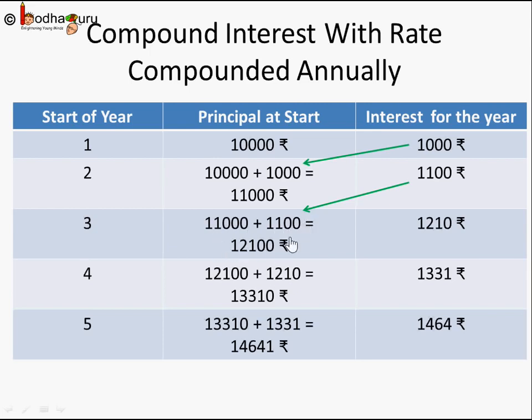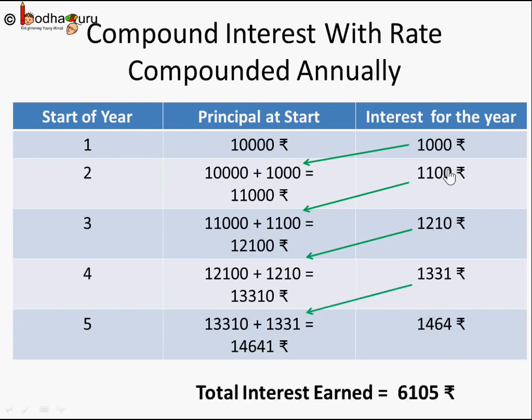So this is the new principal and this is the new interest earned for the entire third year. And at the start of fourth year, the interest of the previous year gets added to the principal of previous year, and you arrive at the new principal, and then you calculate the interest for the fourth year, and so on. So the total interest earned was 6,105 when compounded annually.